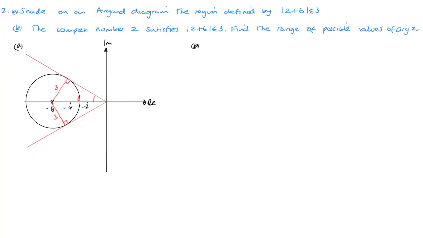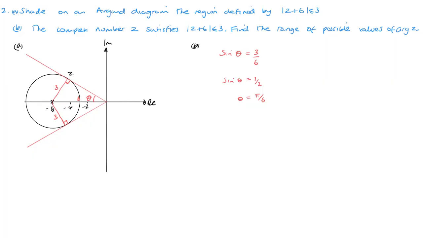So in terms of this angle, if I call this theta, then sine theta is opposite over hypotenuse. Okay, so that sine theta is a half, which means that theta is 30 degrees or pi by 6. Okay, so that's the size of theta.